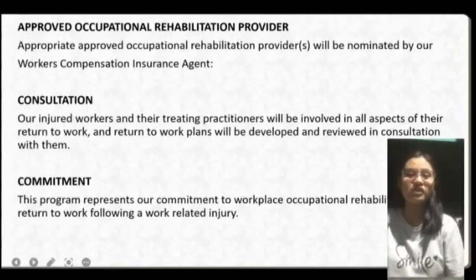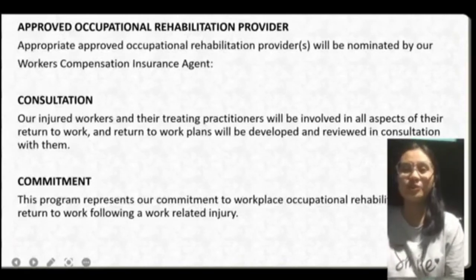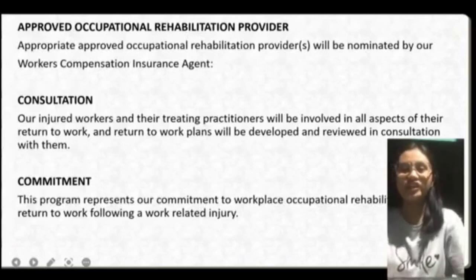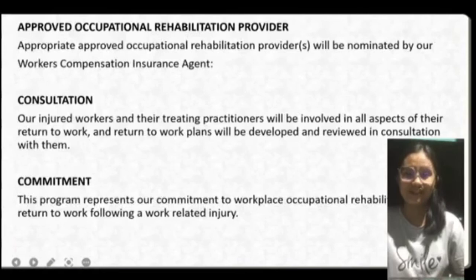An approved workplace rehabilitation provider can assist the employer and injured worker if there are problems with the return to work process.